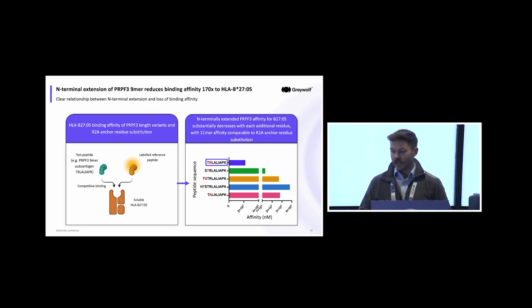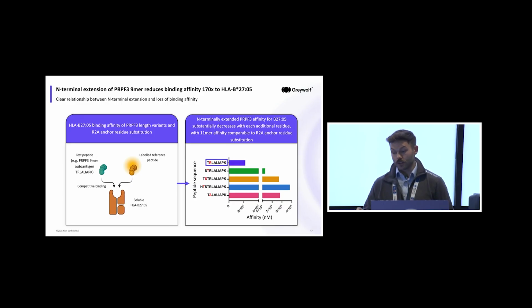And what is really interesting to see is that you take the 9-mer, it has high affinity for B2705. You then extend, so you generate a synthetic peptide with an N-terminal extension, just one single amino acid, and you decrease the binding affinity by 60-fold. You do 2 amino acids, and you decrease it by 120-fold, and 3 will get you to a 170-fold decrease in binding affinity for this particular autoantigen.